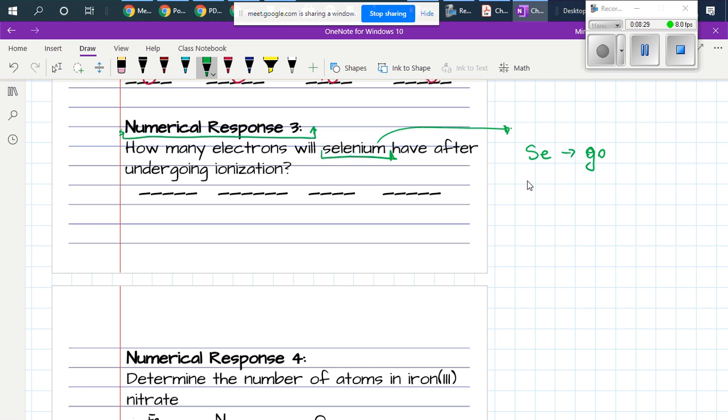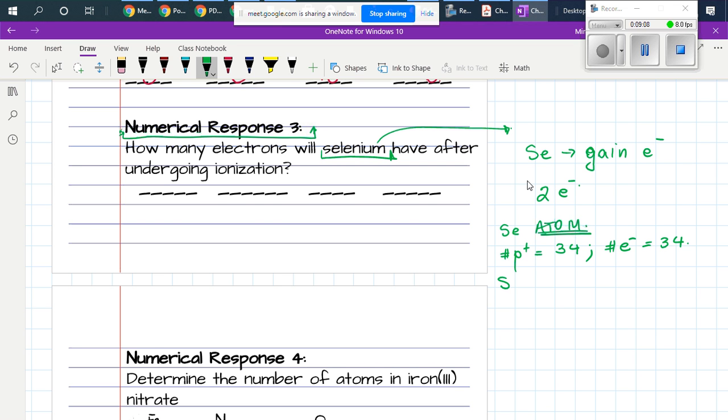How many electrons will it gain? Will gain 2. Will gain 2 electrons. So now, how many electrons will selenium have under ionization? Selenium, if it is an atom, the number of protons for selenium will be 34, and since it is an atom, the number of electrons will be the same, 34.